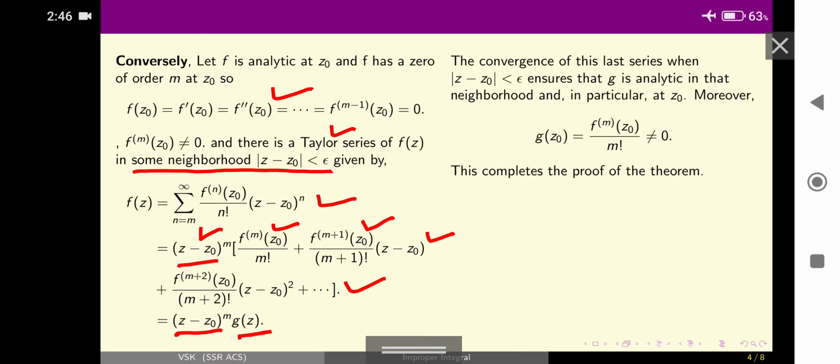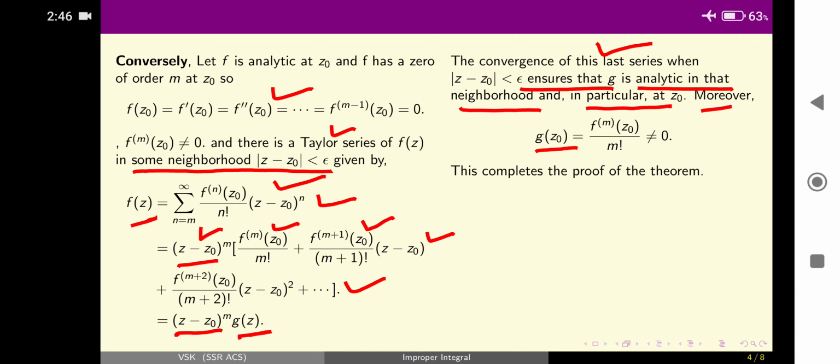Now this last series is convergent because f(z) is analytic. So the convergence of this last series when |z minus z naught| is less than epsilon ensures that g is analytic in this neighborhood and in particular at z naught. Moreover, g(z naught), which is equal to the mth derivative of f at z naught divided by factorial m, is not equal to 0 because of this supposition.